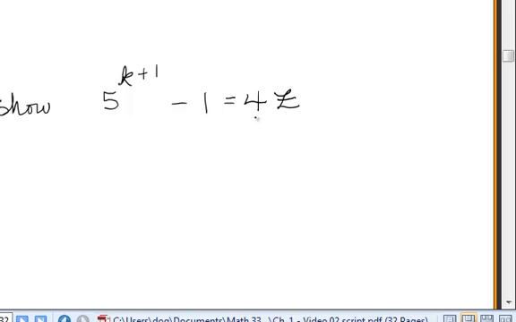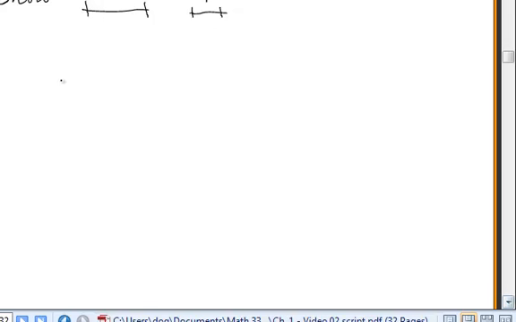Now, how am I going to tackle this? Well, I'm going to be kind of clever about it. I'm going to rewrite both of these terms. 5 to the k plus 1. Now, we should know this by now. See, that's 5 times 5 to the k.